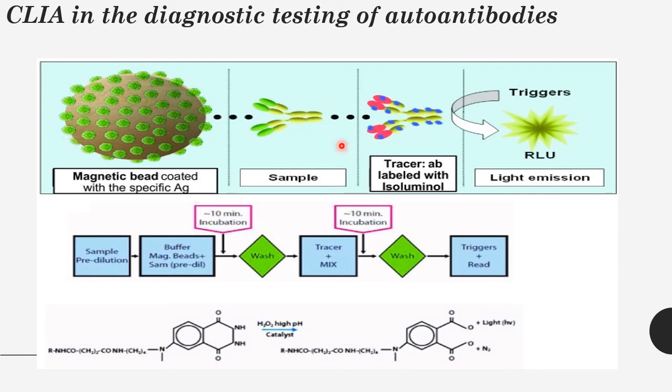Then a secondary antibody is added which recognizes the same analyte as the primary antibody coated on the magnetic beads. Thus, the analyte is sandwiched between two antibodies. The secondary antibody is conjugated with a stable enzyme that catalyzes the final reaction with the substrate, resulting in chemiluminescence. The amount of chemiluminescence is proportional to the concentration of analyte captured by the coated magnetic beads.